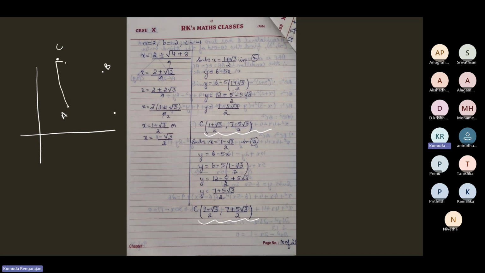So A, B, C, like this. Or C can be here. That's why we get 2 sets of coordinates for C. Both are acceptable. C can take this address or this address.